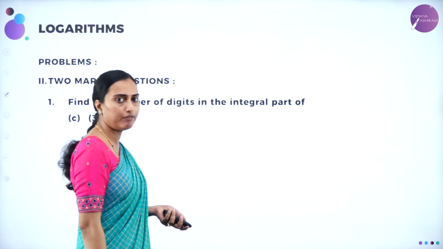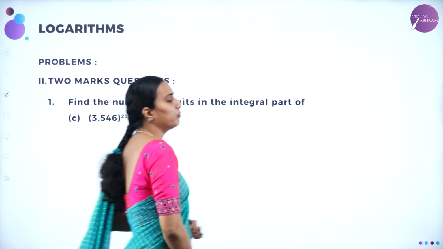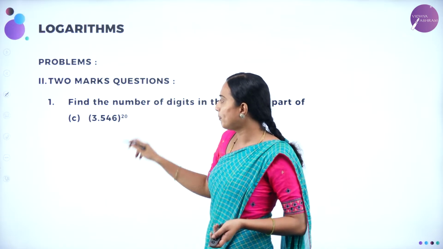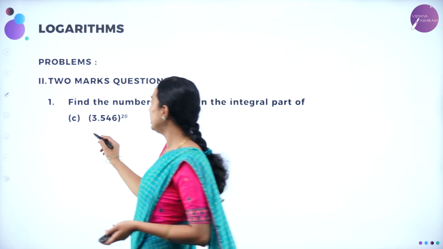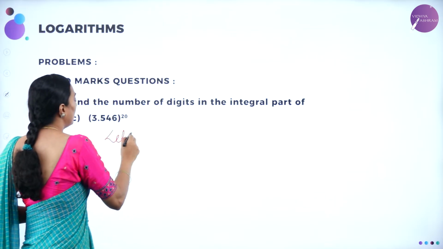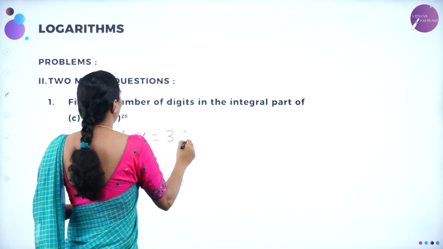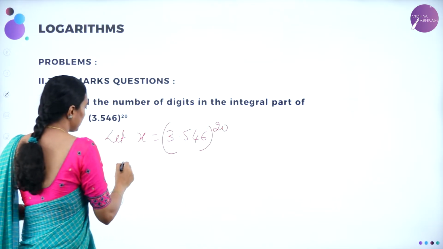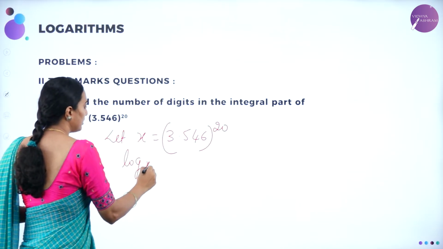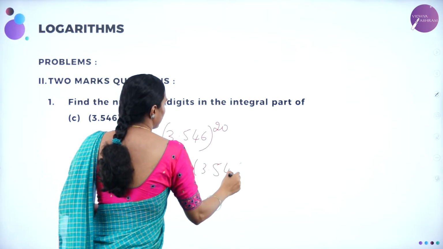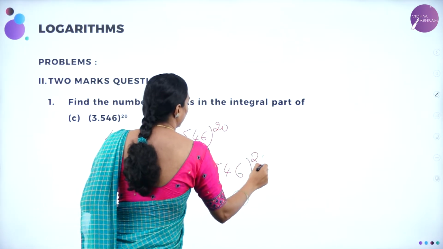Same way you are going to have here 3.546 to the power of 20, taking log on both the sides. Let x be equal to 3.546 to the power of 20. Then log x is equal to log 3.546 to the power of 20.